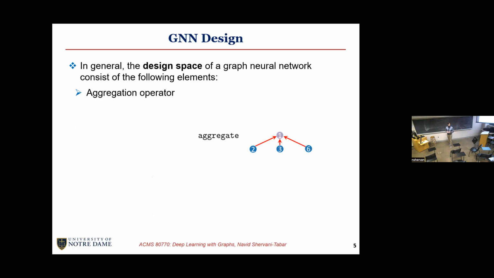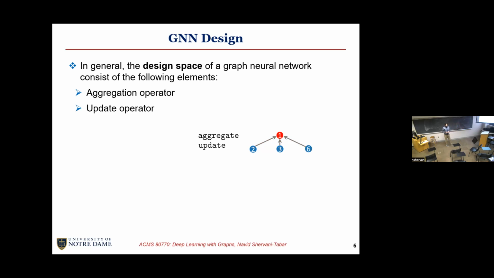This aggregation function defines in what order, or with what principle, we are gathering information from the different neighbors that we have, right? So here 1 is getting information from 2, 3, and 6, and these paths are showing how information is coming, and the function aggregates those.